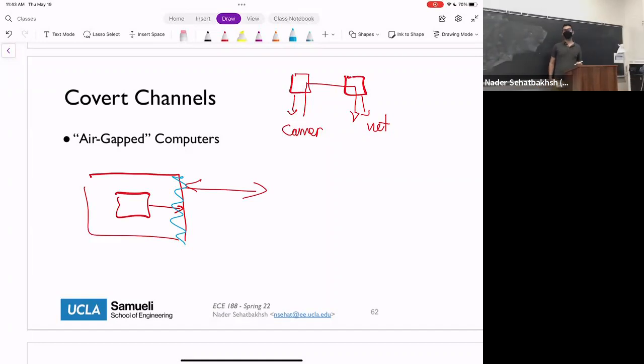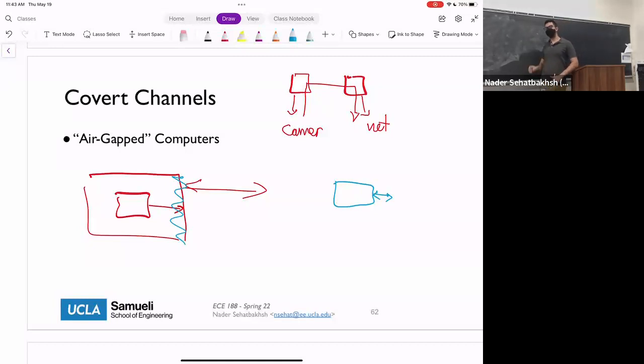Also, if you have done internships with different companies, most of these companies give you a laptop, and all the USB ports, all the input-output ports of this laptop are either monitored or usually encrypted. So, for example, if you're trying to copy a file into your USB thumb drive, it's copied encrypted, and unless you have the key, you have no idea what that value is.